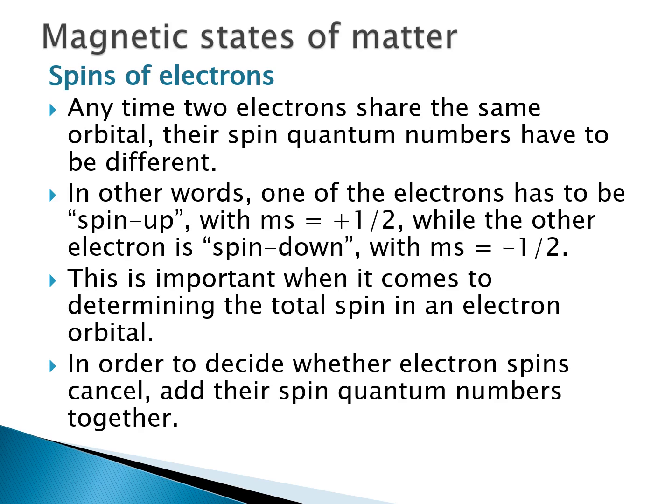In other words, one electron will have spin up with magnetic moment plus 1 by 2, while the other electron will have spin down, which is minus 1 by 2. And this is important when it comes to determining the total spin in an electron orbital.